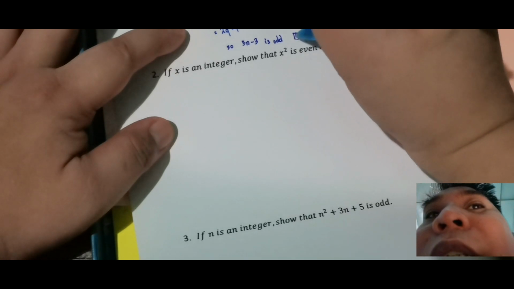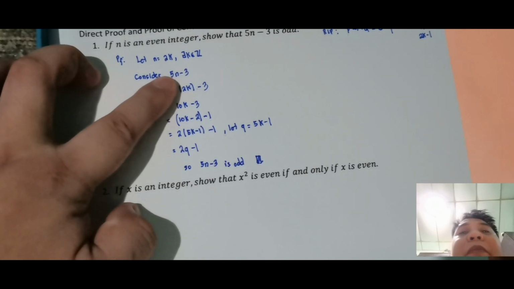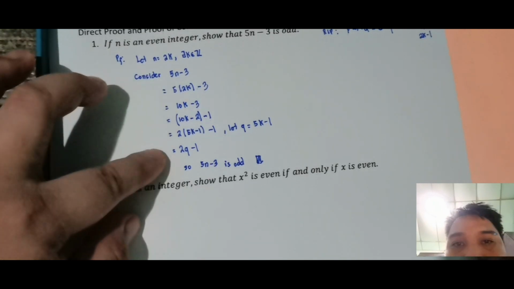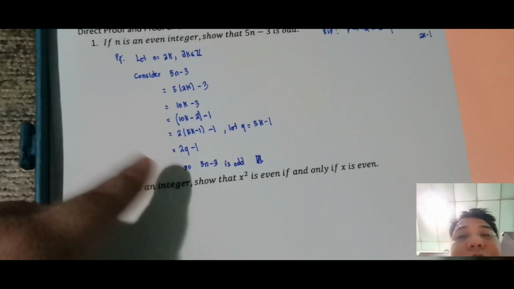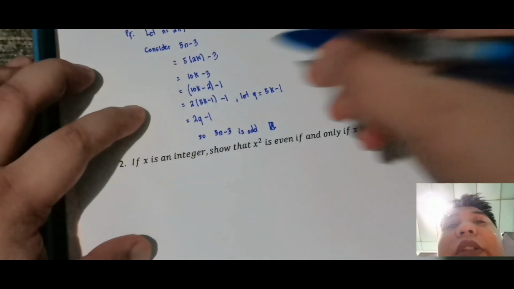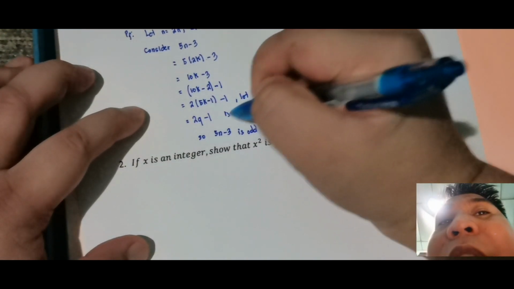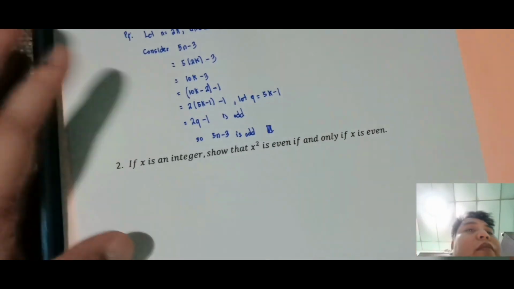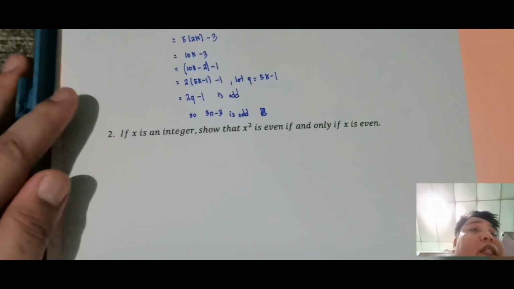Okay? And this is done. Ang ginawa ko, from 5n - 3, ipinalit ko yung assumption, sa dulo naging odd siya. So, ganun siya kasimple.